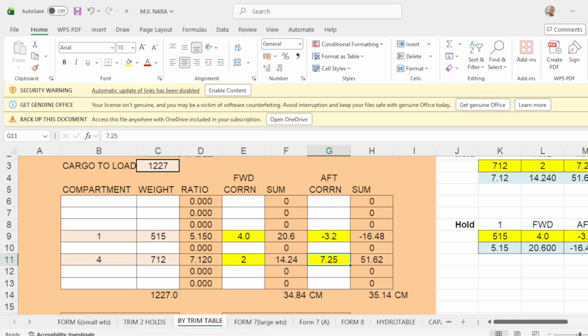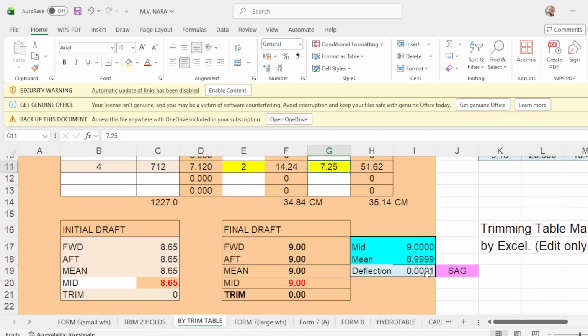Then your forward draft is 9 meters, aft draft is 9 meters, mean is 9 meters, mid is 9 meters. Then you have no trim. So this is even keel, and your deflection is 0.